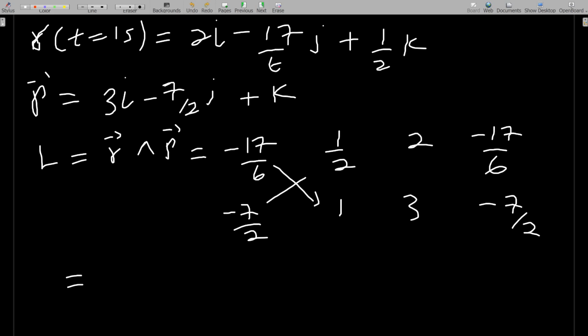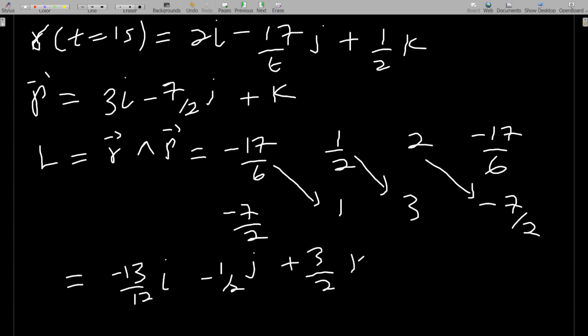That will be the first term, and that will give me minus 13 over 12 i. Then you come to this and this minus this and that, and that will also give me minus 1 over 2 j. Then this times this minus this times that. You can also go through them on a calculator, and this is what you get. So this is your angular momentum for the particular question we're talking about.